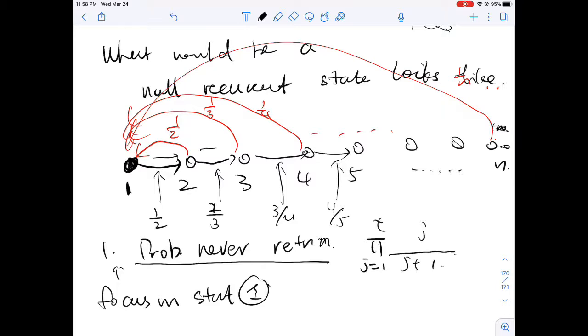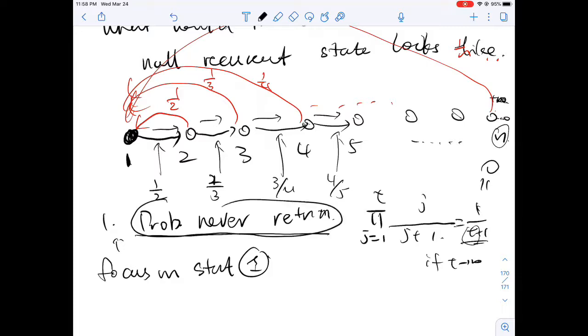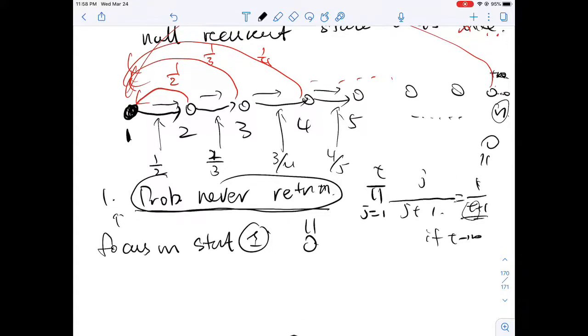That basically means we have to keep going to the right so that we make sure we never return. So this is 1/t, an obvious calculation. This goes to 0 as t goes to infinity. So this probability is 0, and by the definition, this is a recurrent state.